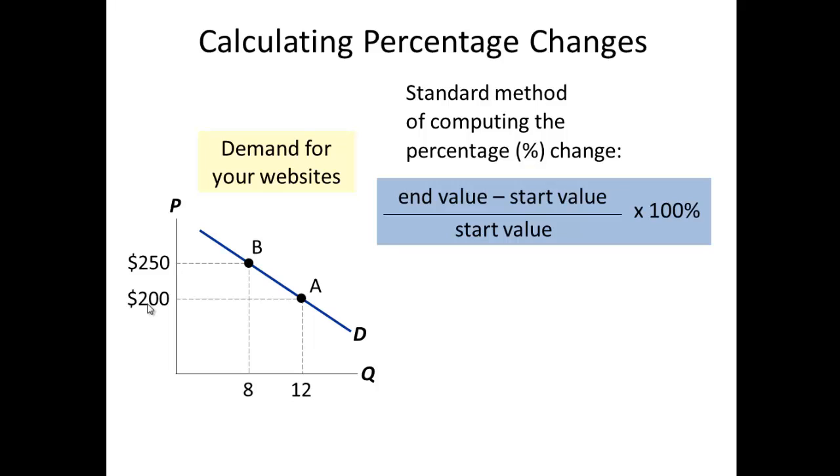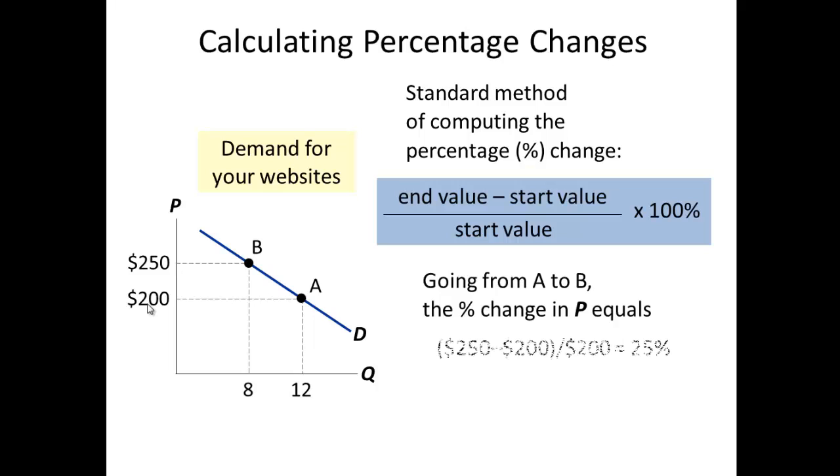Now, when we're calculating price elasticity, you can do it one of two ways. You can use the standard method or you can use the midpoint method. We're going to look at both. When you do the standard method, you take your end value, which is 250, minus your start value, which is 200, and then divide it by your start value.